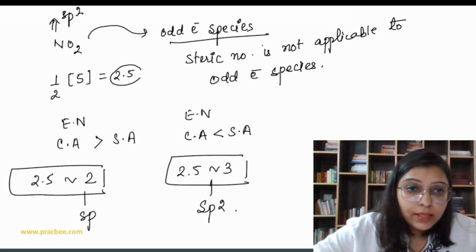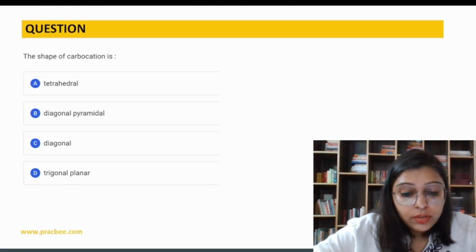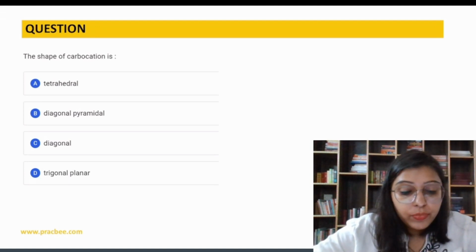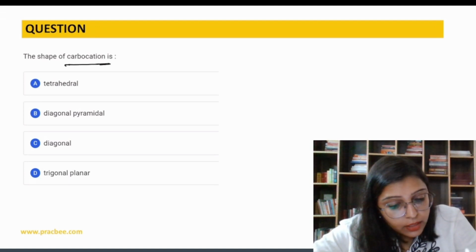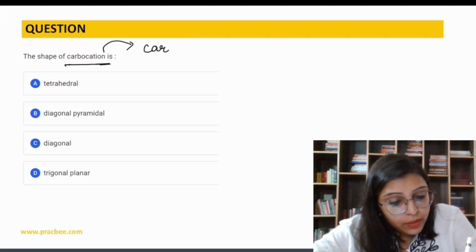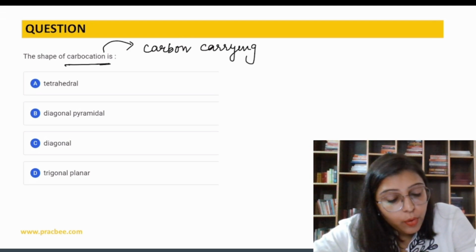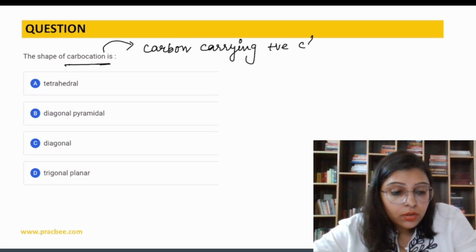Now let's discuss the next question. The next question: the shape of carbocation is. So what is carbocation? Carbocation means carbon carrying positive charge.